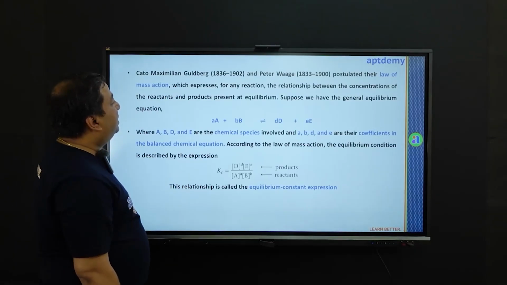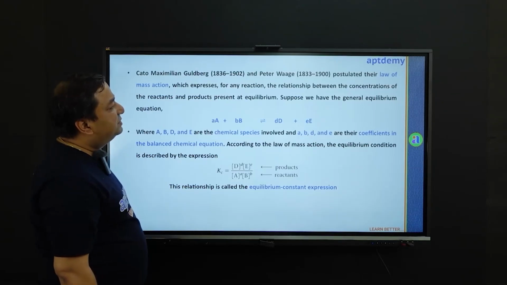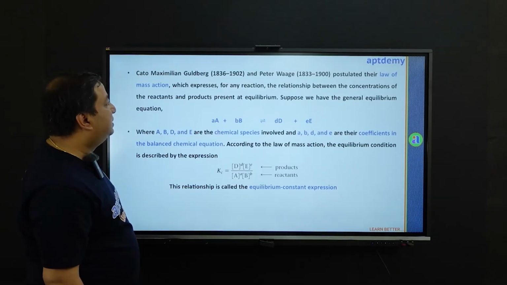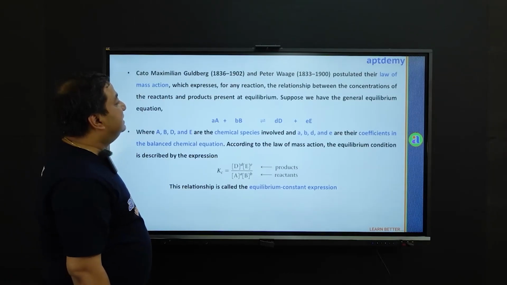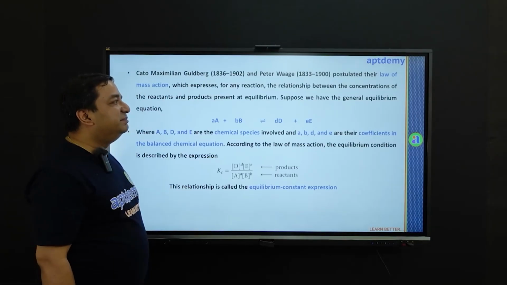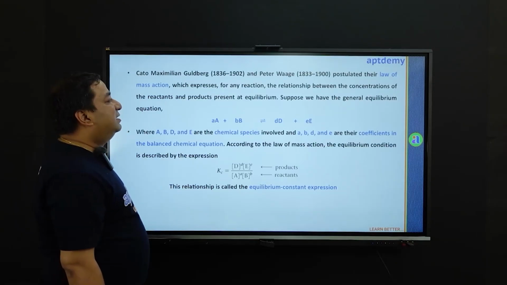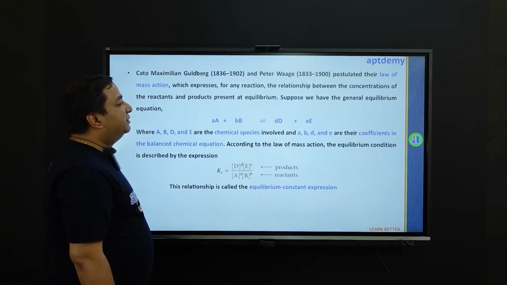Now Maximilian Guldberg and Peter Waage postulated their law of mass action, which expresses for any reaction the relation between the concentrations of reactants and products present at equilibrium.